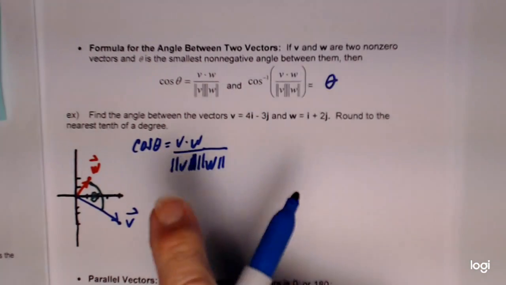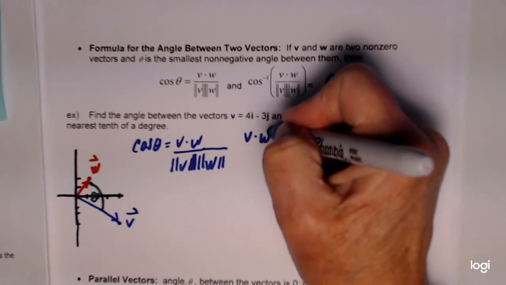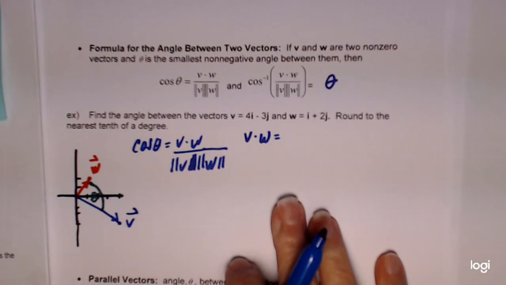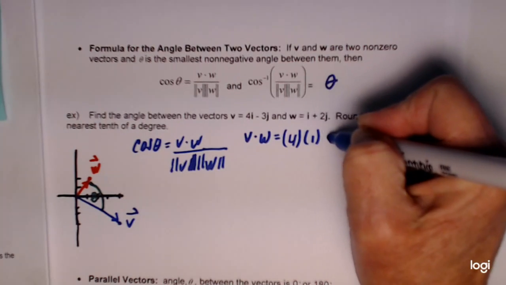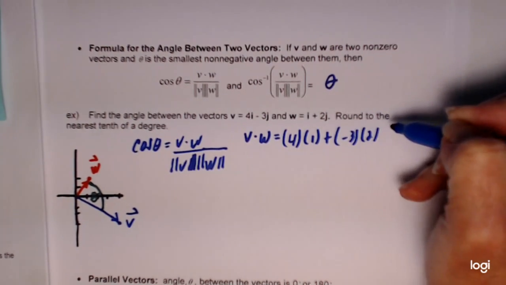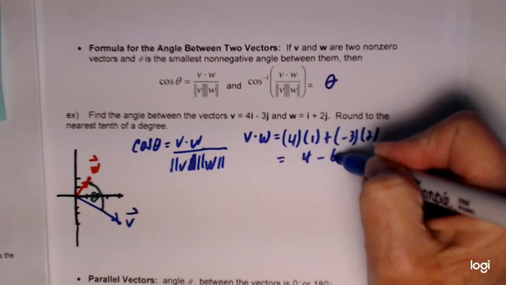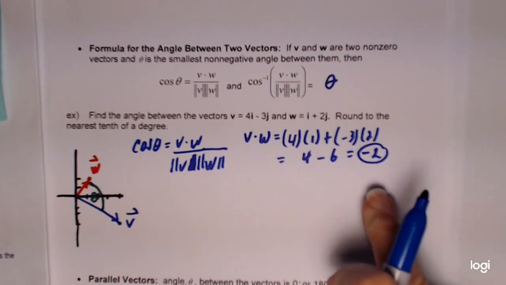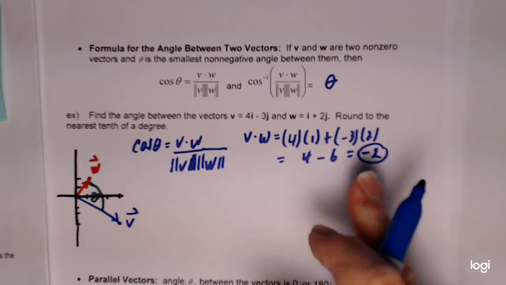So first thing, we need v dot w. We're going to be finding the dot product. So we're going to have 4 times 1 plus negative 3 times 2. So this is going to be equal to 4 minus 6, which is equal to negative 2. So there's the information that we're going to need for the numerator.